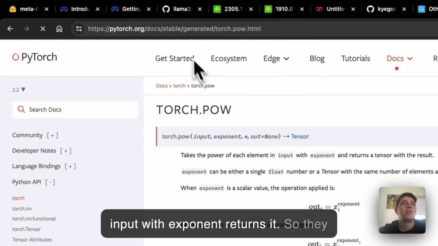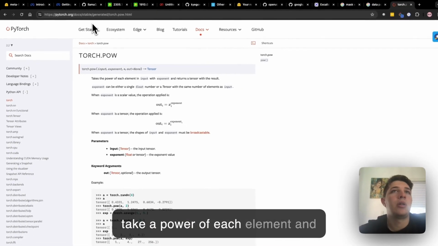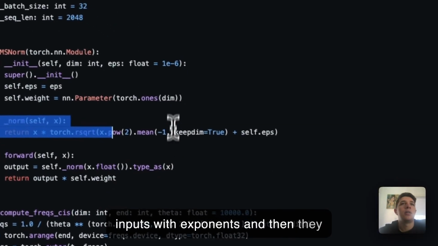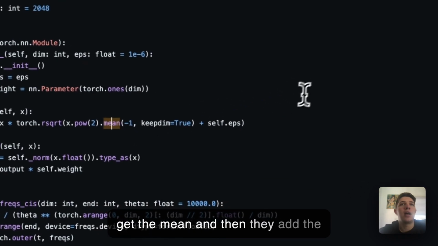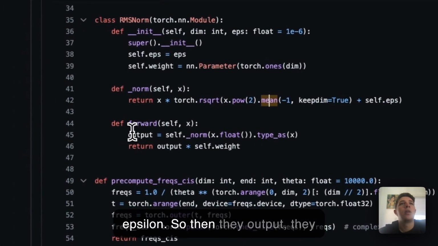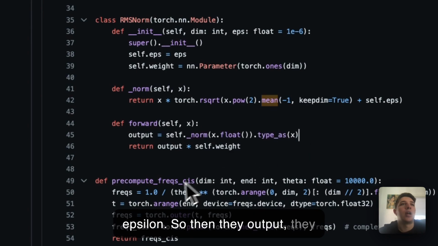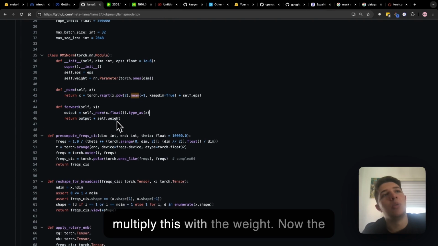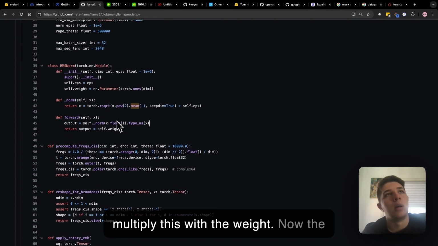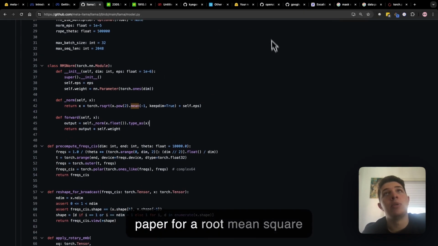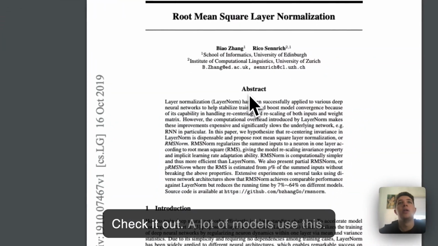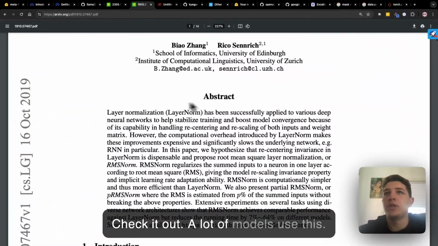Okay, so they take a power of each element and input with exponents. And then they get the mean, and then they add the epsilon. So then they norm it, then they output, they multiply this with the weight. Now, the paper for root mean square normalization is really, really good. Check it out. A lot of models use this.